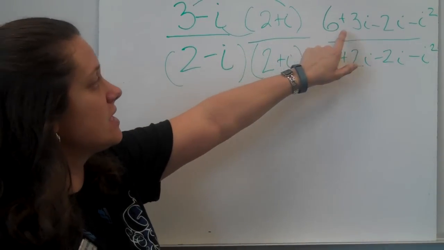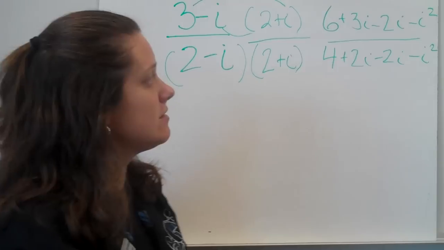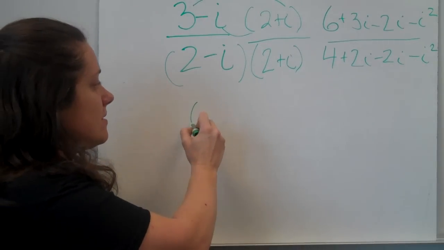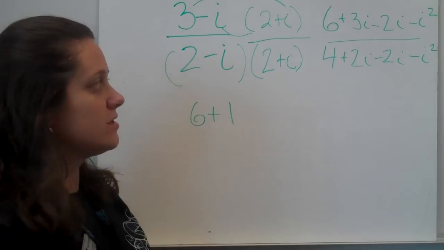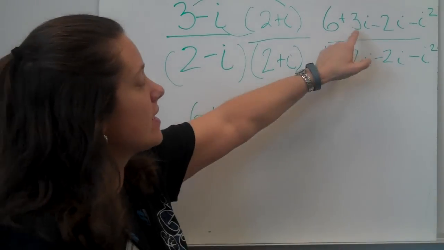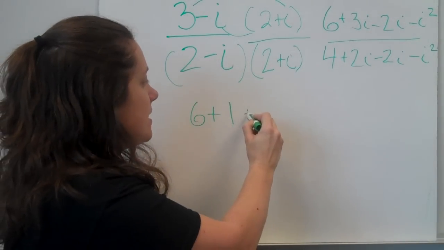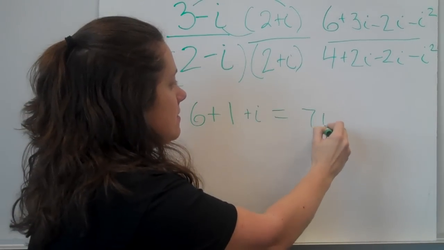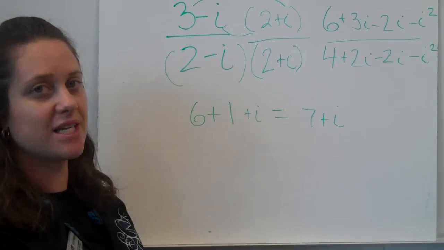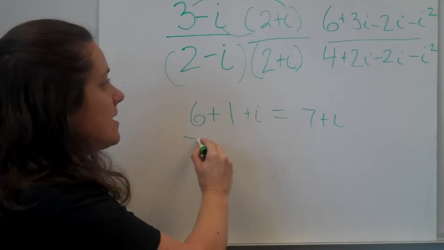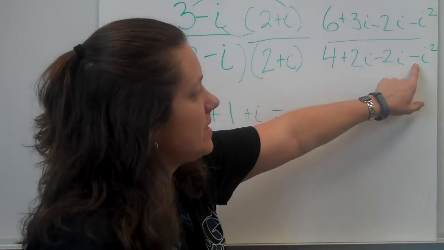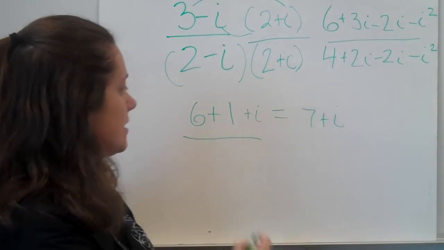Now, this is actually 6 minus negative 1, or 6 plus 1, which is going to be 7. And then if I combine those, it's going to be plus i. So the numerator ends up 7 plus i. In the denominator, this is going to be minus negative 1, or plus 1.